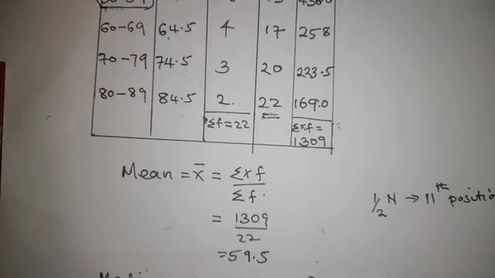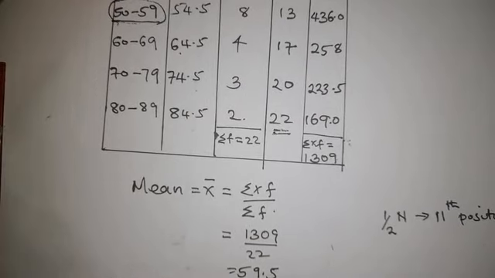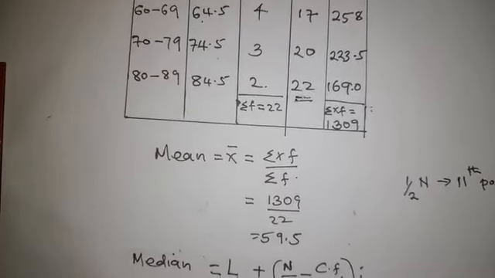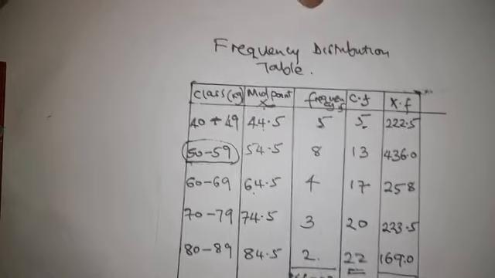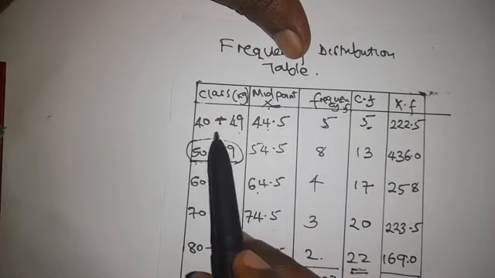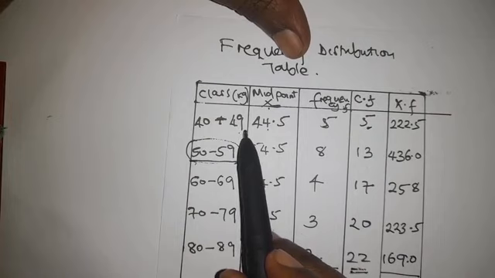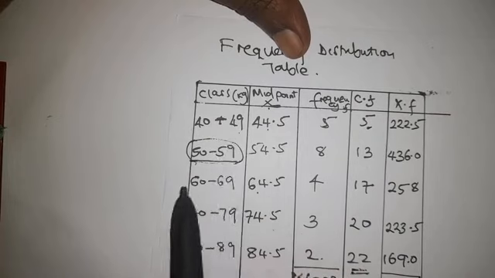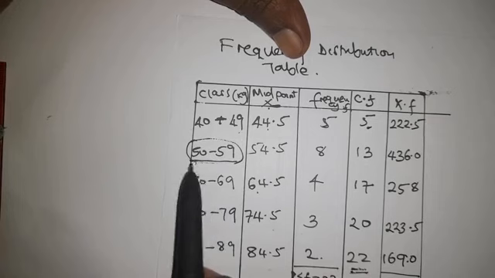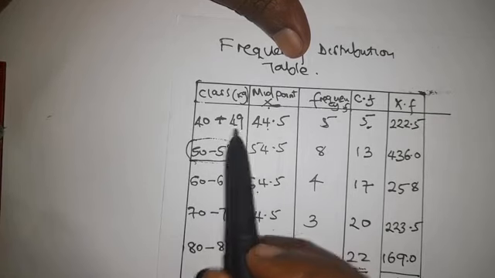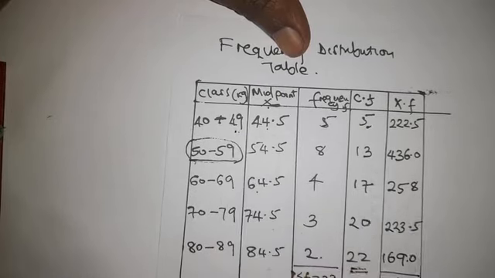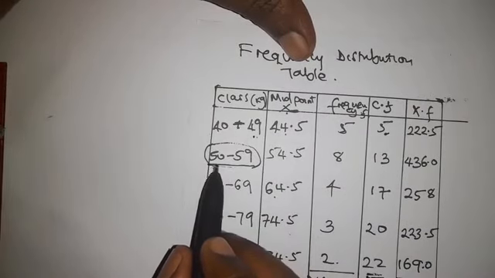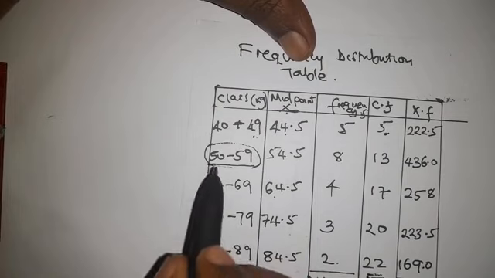So when you come here, how do we get the lower class limit? Now the lower class limit here, we want to substitute in our formula. Lower class limit is the upper limit of the previous class, the class that precedes the median class. So in this case, the upper limit for the previous class is 49.5. 49.5 becomes the lower limit for our median class.